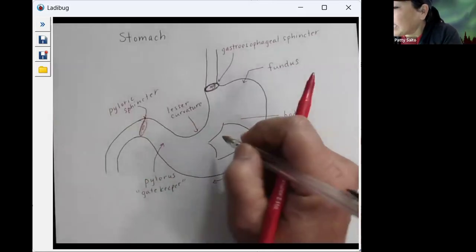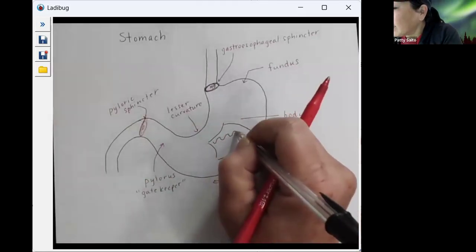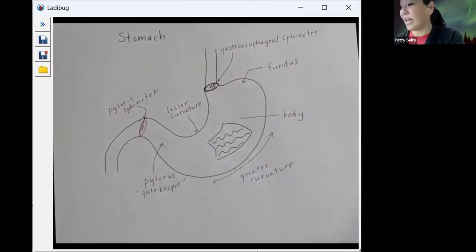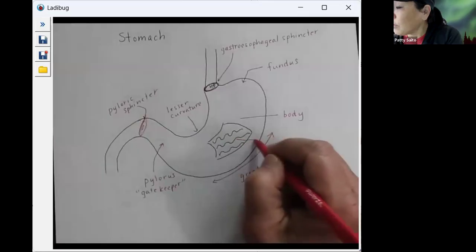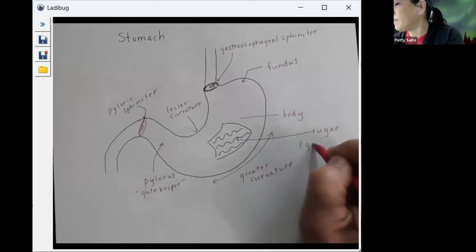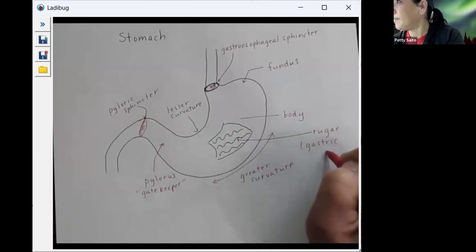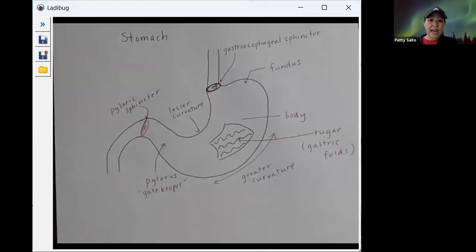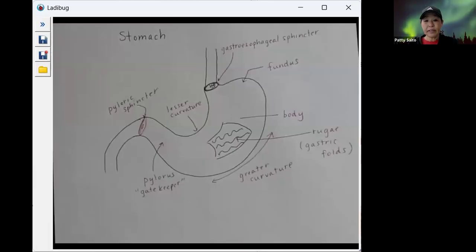Inside the stomach, we see that it's got ridges in there. These ridges are called rugae, or gastric folds. They create surface area, but also they allow expansion of the stomach.